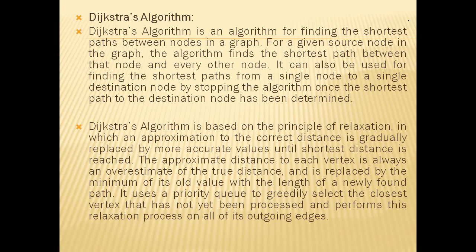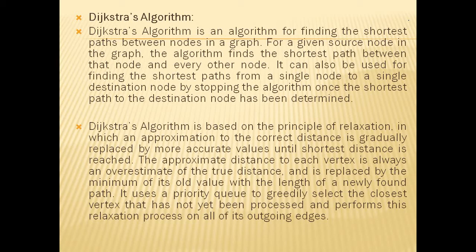Similarly, we have Dijkstra's algorithm, which is also used to find the shortest path. But here the difference between Floyd-Warshall's algorithm and Dijkstra's algorithm is, here if you found any shortest path, we keep it there itself, reconsideration is not there, but in Dijkstra's algorithm we have reconsideration.